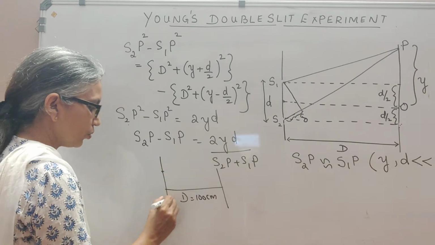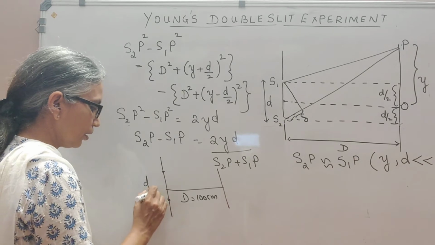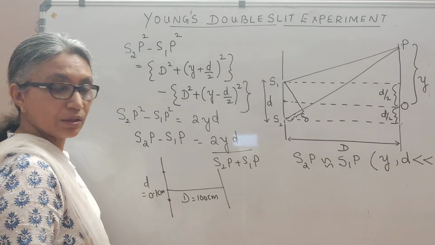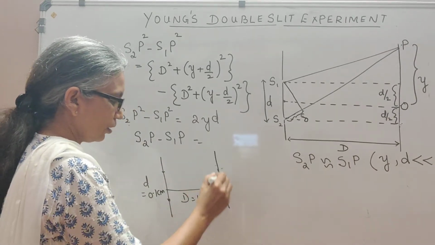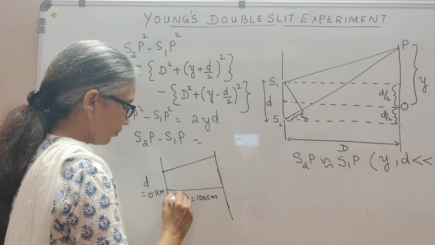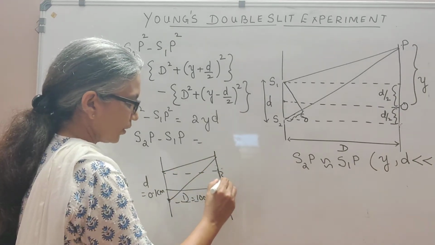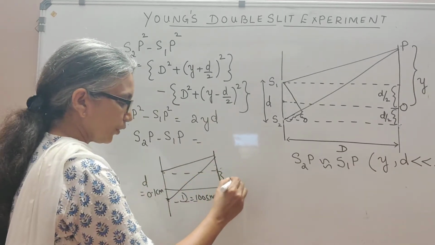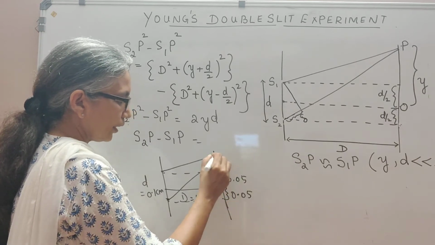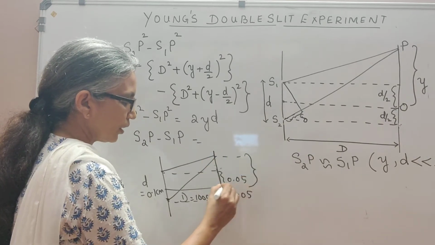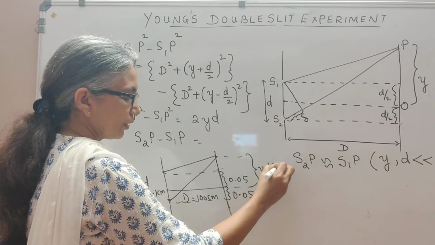Now small d is going to be equal to, let's say, 0.1 centimeter. I take one here from another one here. So this much is half of d. So that will be 0.05 and this is also 0.05, and let's say this Y from the center of the screen is equal to, let's say, 1 centimeter.